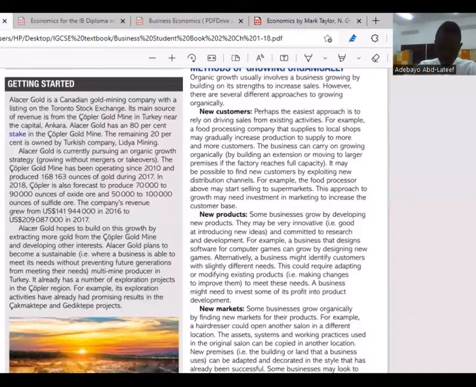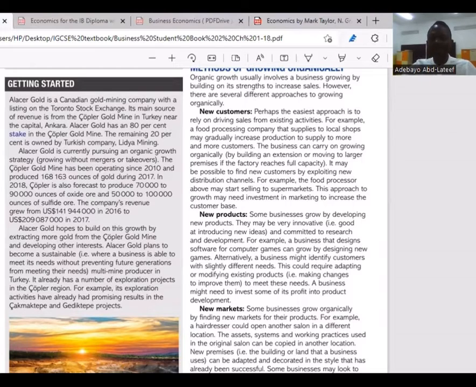Go to new customers. So when you talk about new customers, I wrote, this approach may need investment in marketing as it involves enlarging the customer base. So when you talk about new customers, a business is trying to improve or increase its capacity by ensuring that it can accommodate more customers. That is new customers. So what can the business do in this respect?